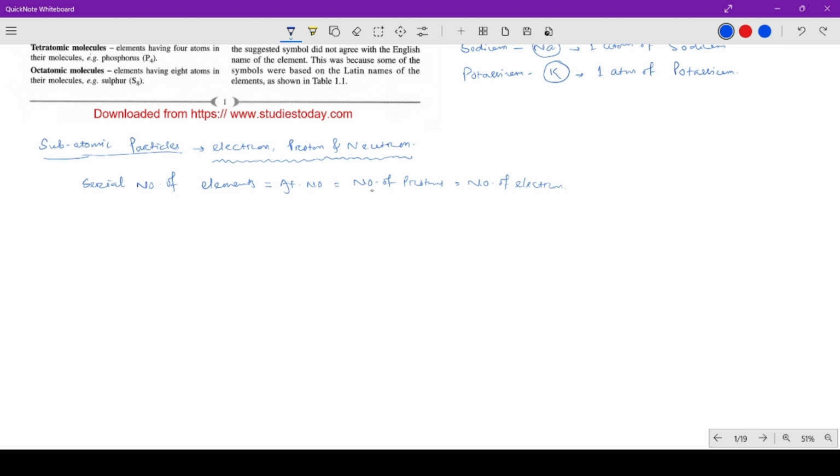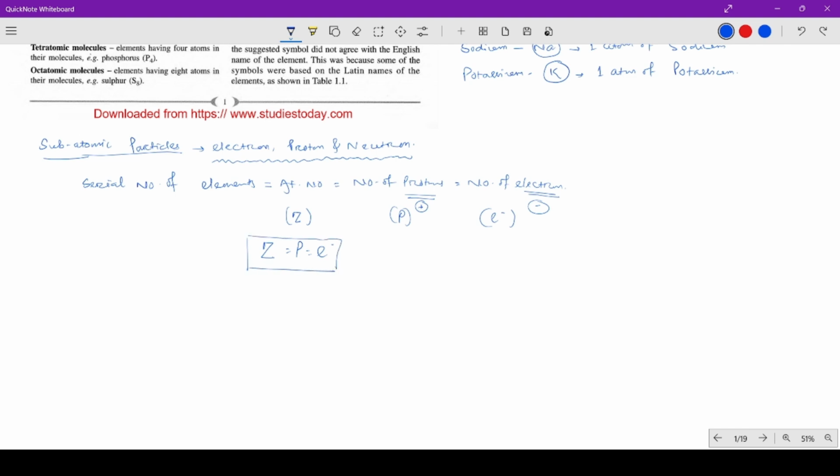As the atom is electrically neutral, there are equal numbers of protons and electrons, because proton carries positive charge and electron carries negative charge. Atomic number is denoted by Z, proton by P, and electron by E. So Z is equal to P is equal to E.